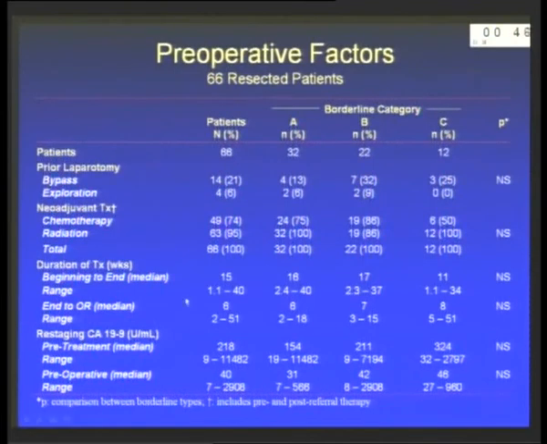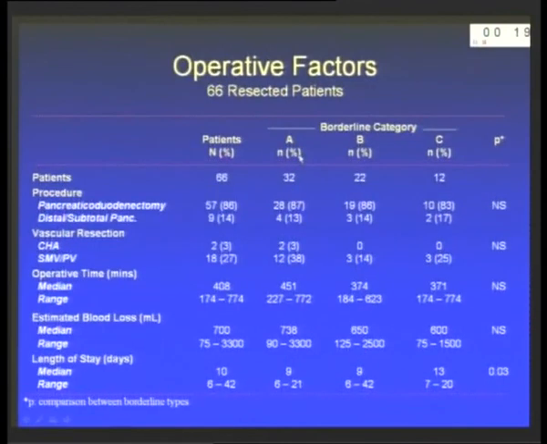We also see the duration of treatment, where we're talking about a median of 15 weeks of treatment before operation. And you see the biochemical response that's achievable if we use CA19-9 as a surrogate for biologic response. You see the median value pre-treatment of 218 and a preoperative value of 40 achievable in these patients, and we have the data stratified by borderline type here.